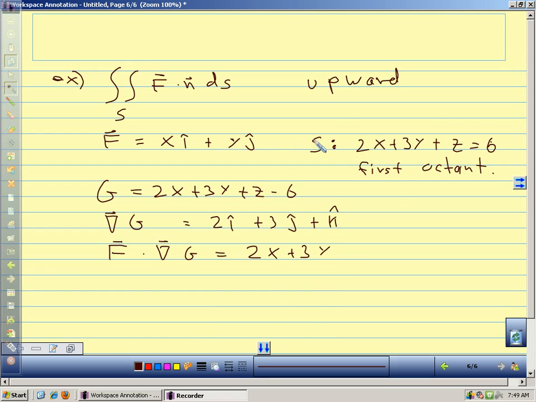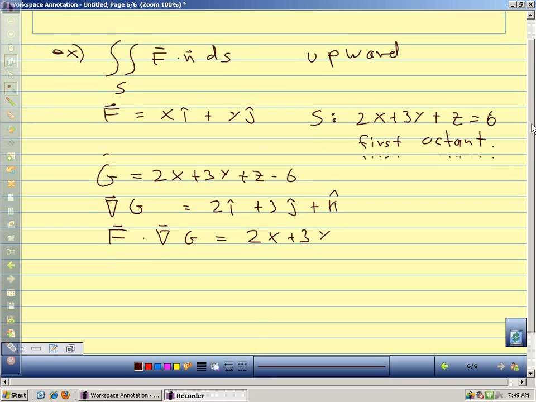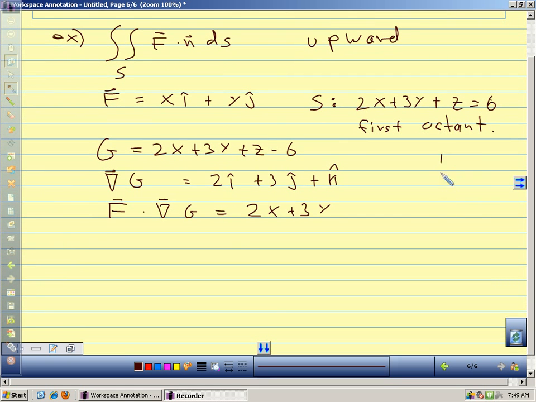Now we need to figure out our region in the xy plane. We have our surface, we need our region in the xy plane. So I'm going to sketch this out really quickly. When we have a plane, we're just going to plot points on the axes. So we're up here at z equals 6 when x and y equal 0. We're out here at x equals 3 when y and z equal 0.